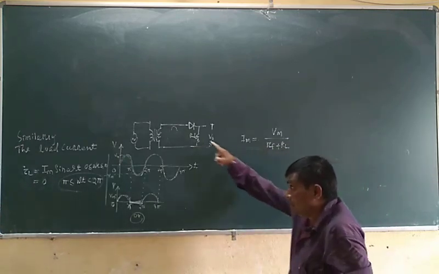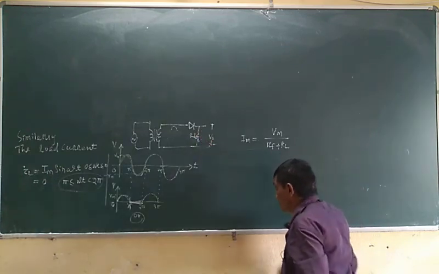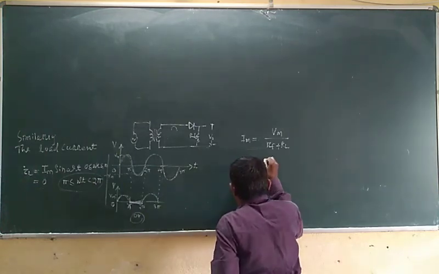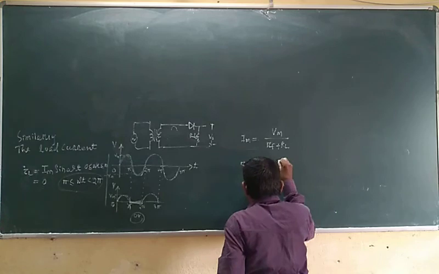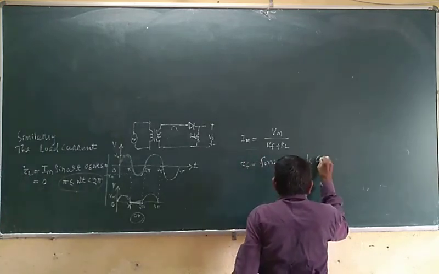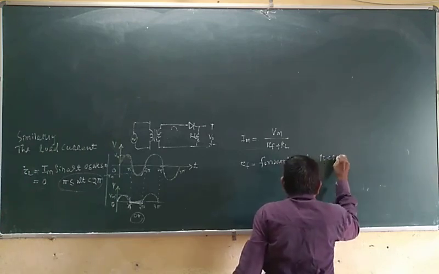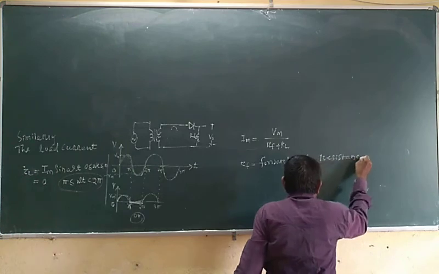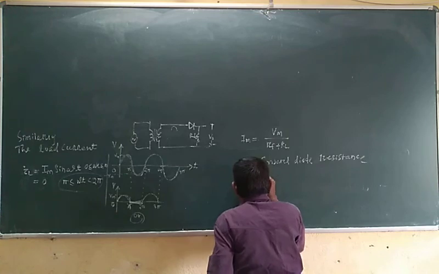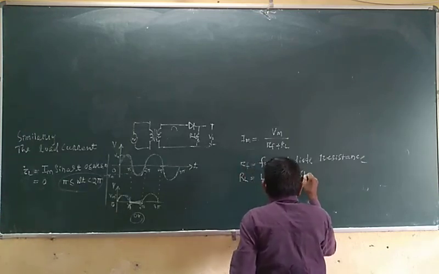Rf is the forward resistance of the diode, RL is the load resistance. Now we write down: Rf, forward diode resistance; RL, load resistance.